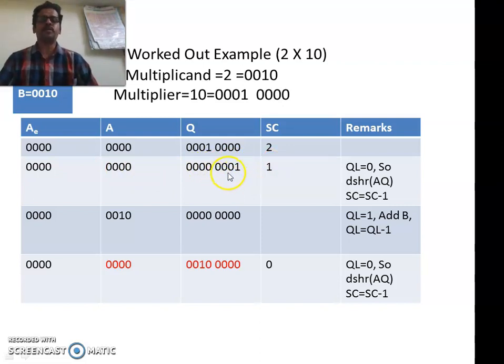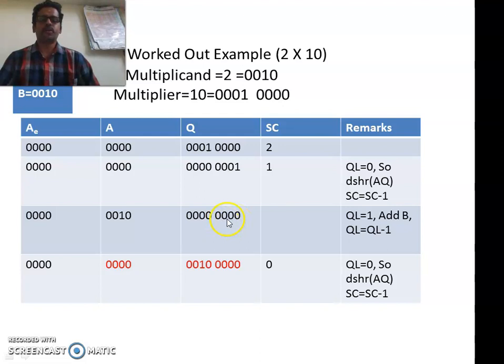Now you look into the QL. Now it is 1, which is not equal to 0. If QL is not equal to 0, we need to add B to A, which gives 0010. Then we are decrementing the QL by 1. Then this QL becomes 0000.